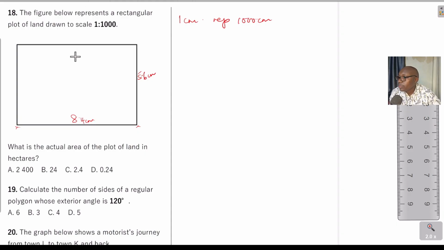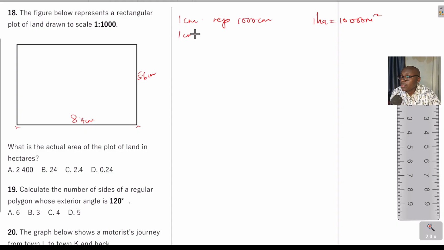Now, because you want the area in hectares, first of all you will need to convert these measurements to meters. Remember, 1 hectare is 10,000 meters squared. So when you work with meters, it will be very easy to convert. Also, this scale you have to convert to meters.